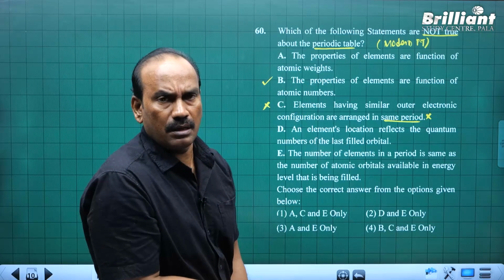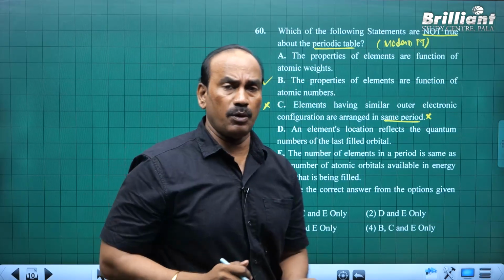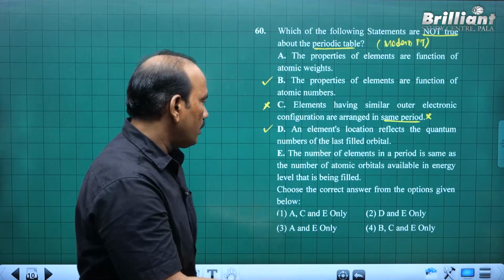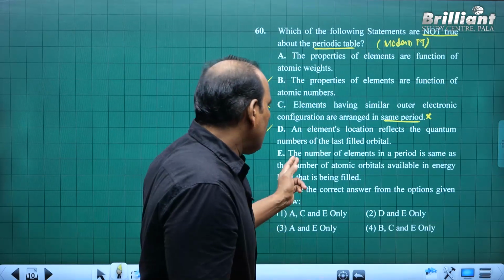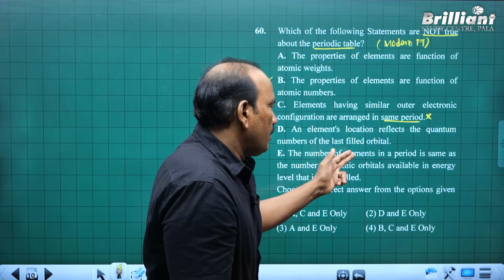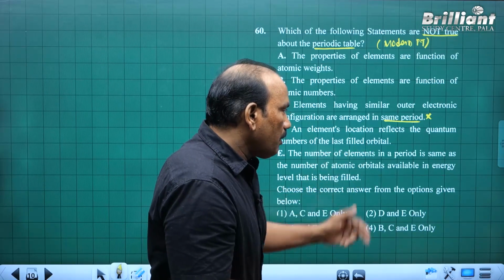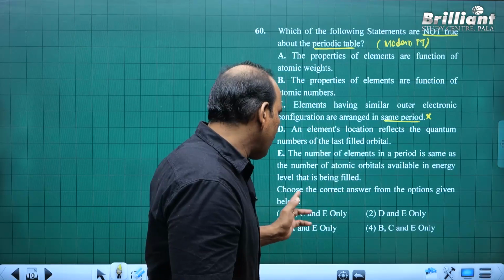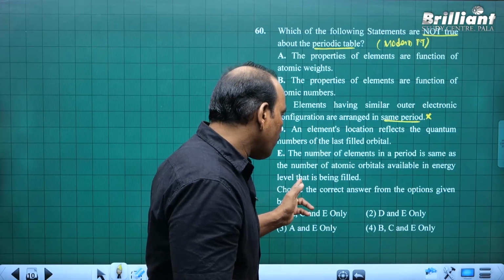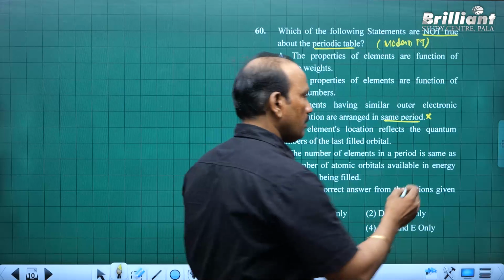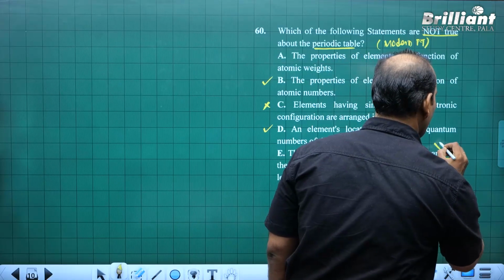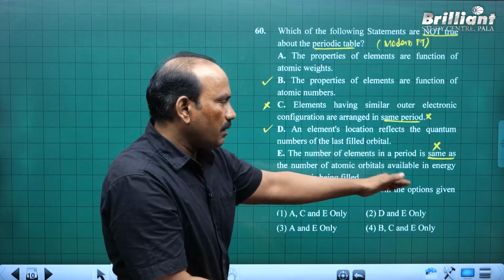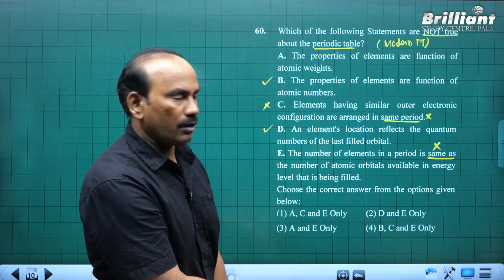Obviously that is an S orbital, so S block, P block, D block. This is a correct statement. Next one: the number of elements in a period is the same as the number of atomic orbitals available in the energy level that is being filled. Is wrong. So the number of elements present in a period is not decided by atomic orbitals.